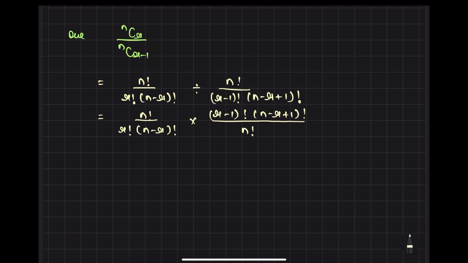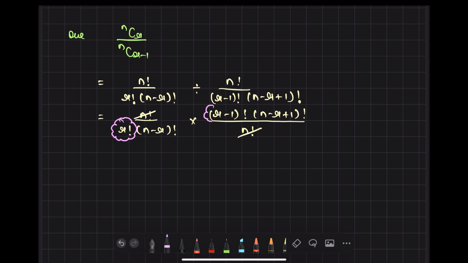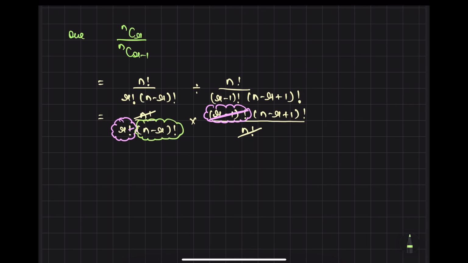Now do the simplification. Now observe your r factorial and observe your r minus 1 factorial. So you know who is the smaller one. So a smaller one will be neutralized and you will be left with r. Now observe your n minus r factorial and n minus r plus 1 factorial.